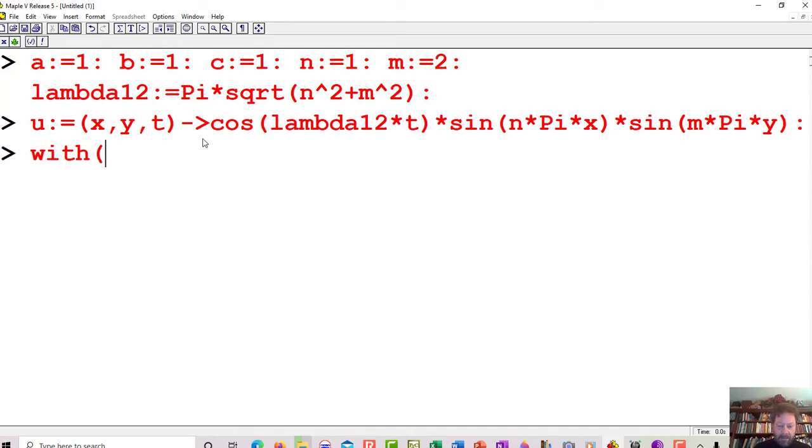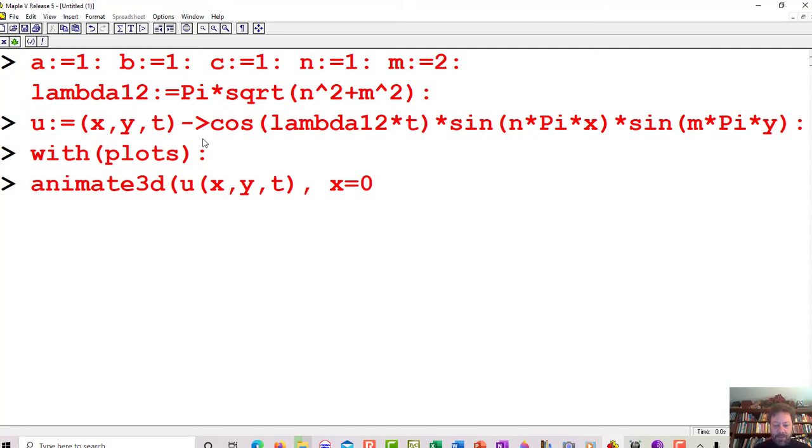And with plots we need to animate in 3 dimensions our function u of x comma y comma t, where x goes from 0 to 1, y also goes from 0 to 1, and let's suppose t goes from 0 to 2 divided by the square root of 5.